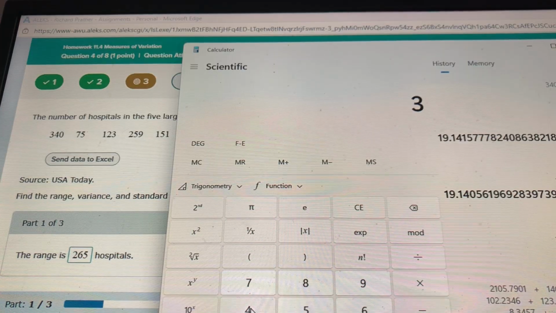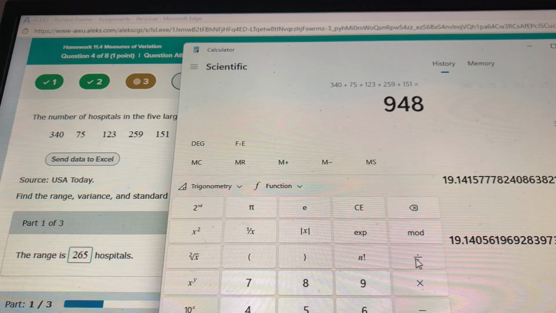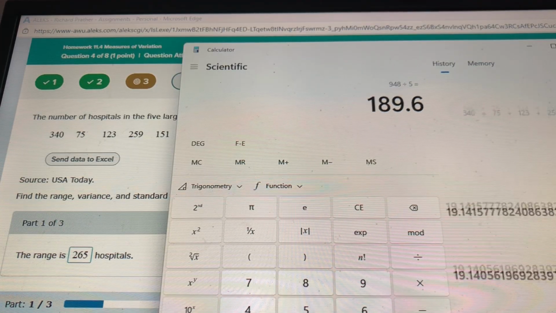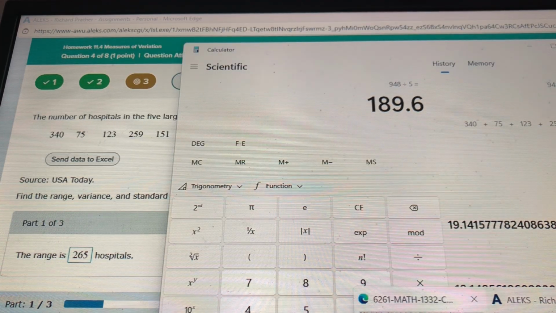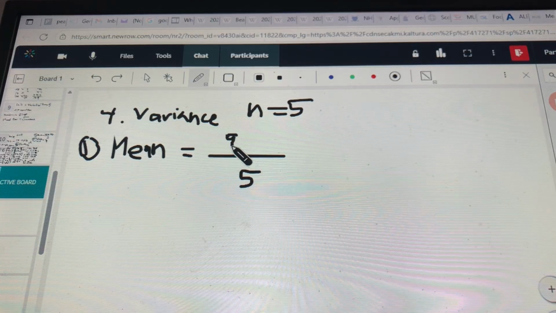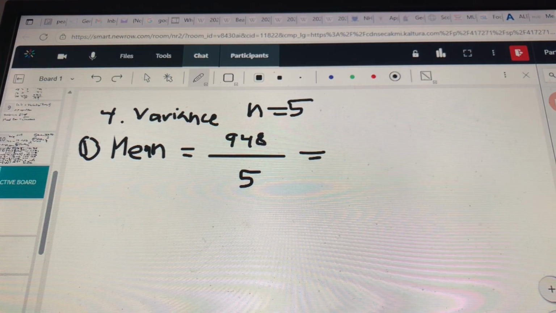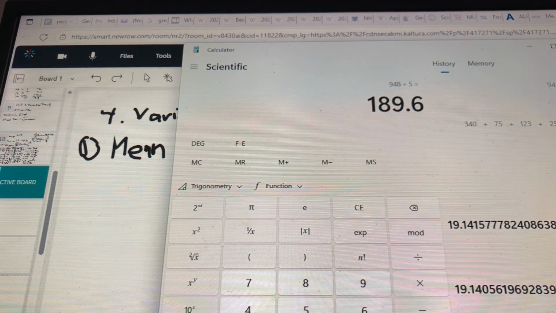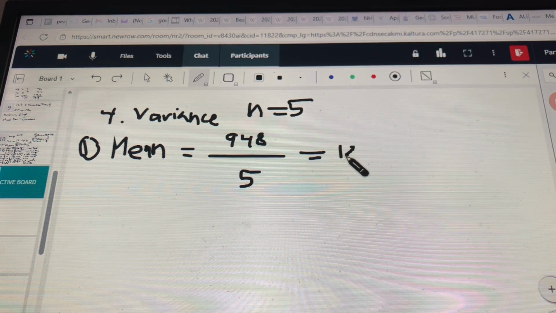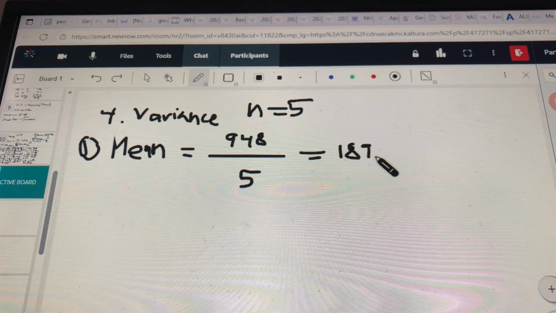So 340 plus 75 plus 123 plus 259 plus 151 divided by 5. 948 divided by 5. And even though it's a decimal, it's not a big messy repeating decimal like the last one. So this is a lot more doable. 189.6.